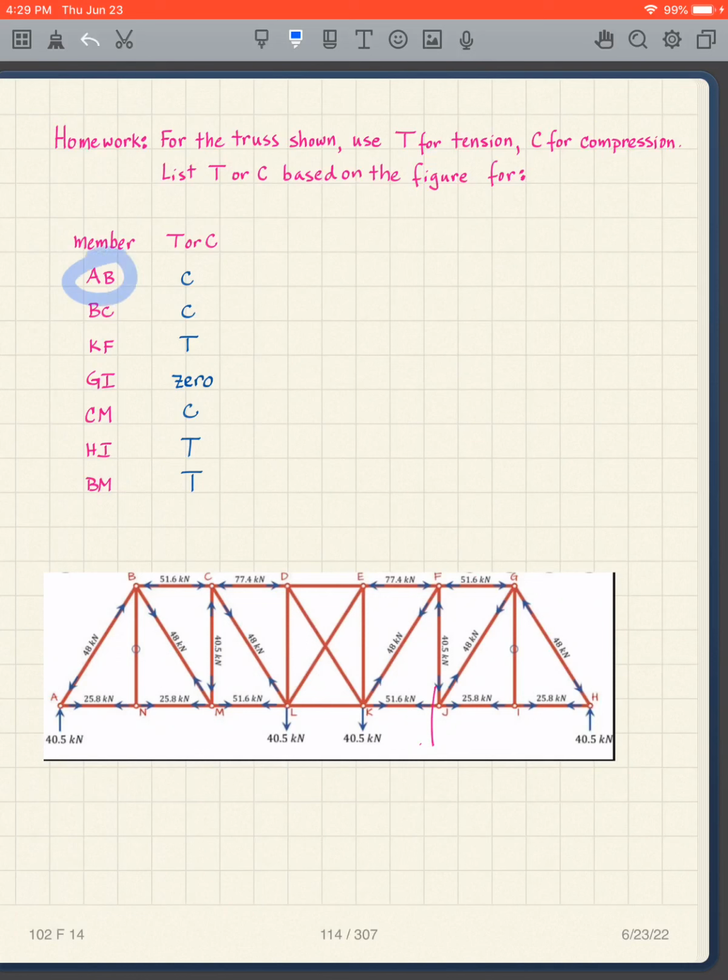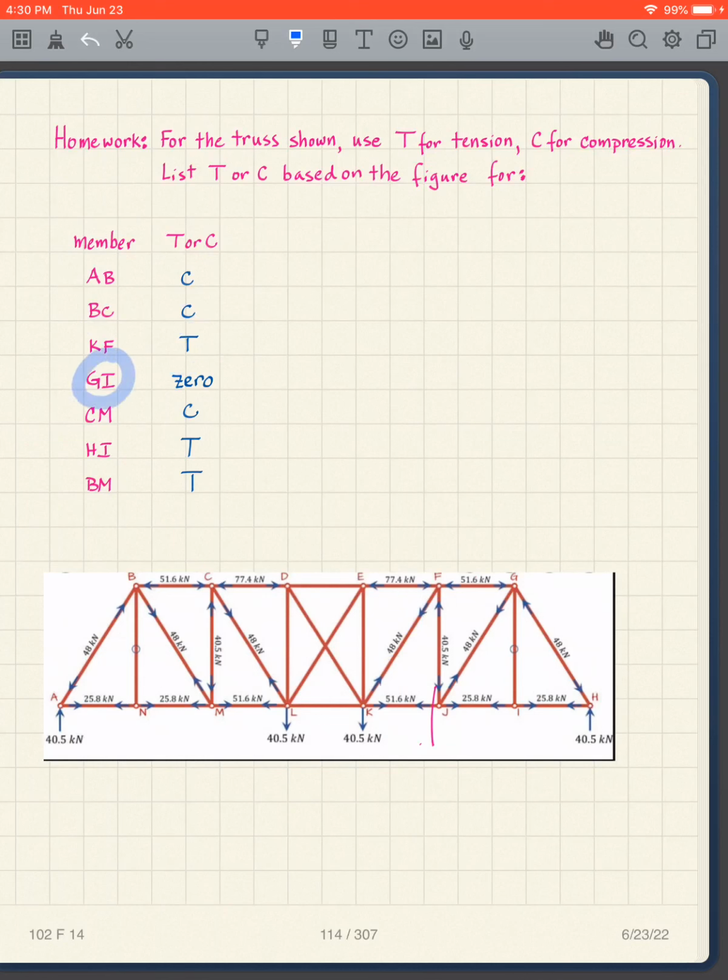Okay, so member AB pushes on node A, pushes on node B, so it's in compression for pushing. BC, it pushes on point B, it pushes on point C, it's got to be compression. KF, pulls on point F, pulls on point K, it's in tension.